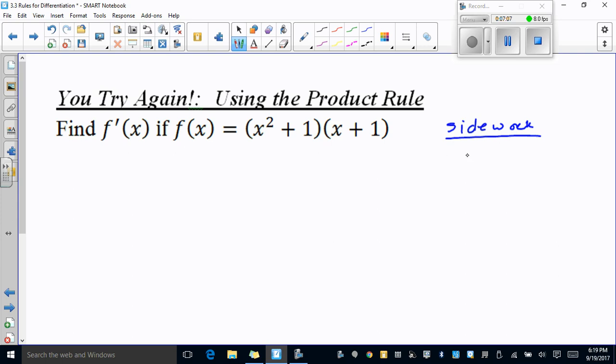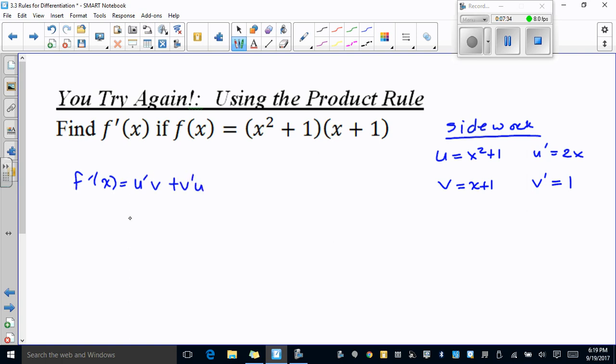So in this case, u is going to be x squared plus 1, so u prime equals 2x. v equals x plus 1, so v prime equals 1. Power of 1, and then the x goes away. So f prime of x equals u prime v plus v prime u.